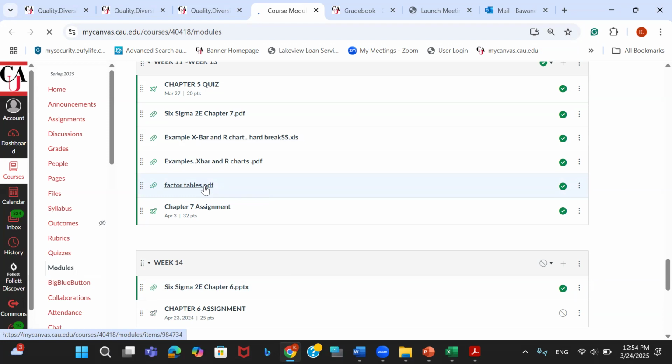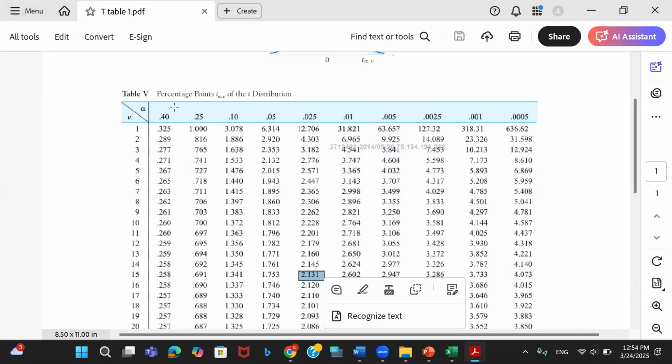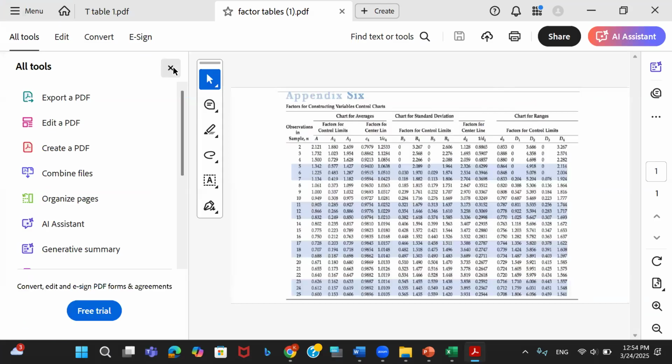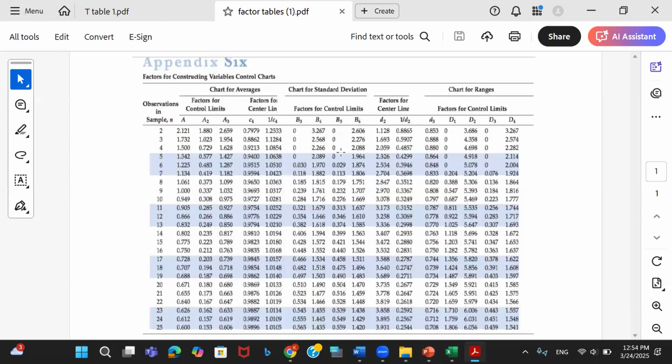If you open this factor table, I put many examples here in Excel, and we will learn how to do that in Excel. Again, use the factor table I provided you here on the website. Don't use anything from Google, because the numbers might be different and your answer will be wrong.